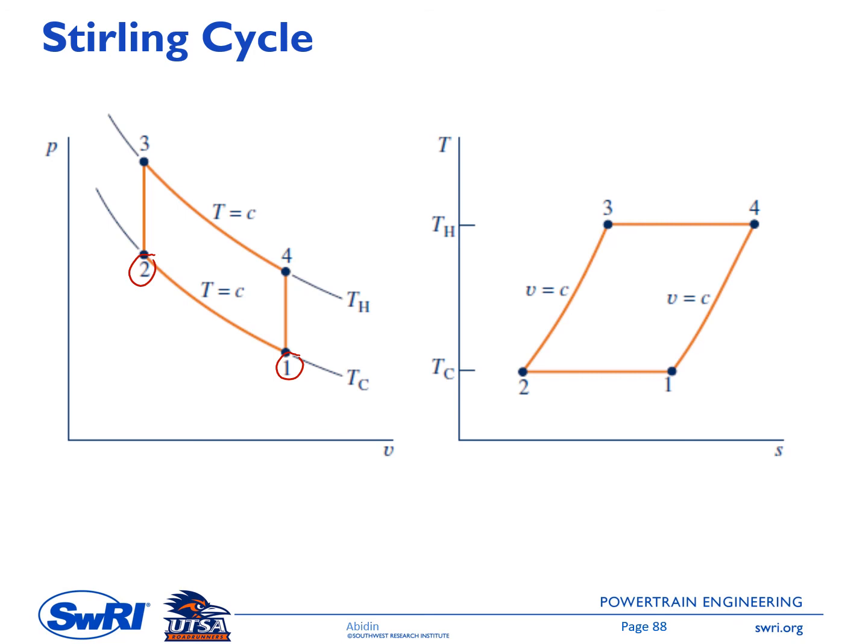Isothermal means T1 equals T2, so you can see clearly in the TS diagram that the process line connecting state 1 and state 2 is a horizontal line. The second process is a constant volume process. This changes state 2 to state 3, and during this process Q in is added.